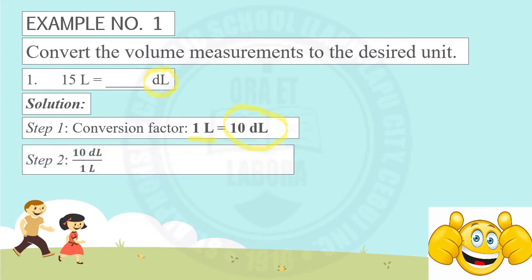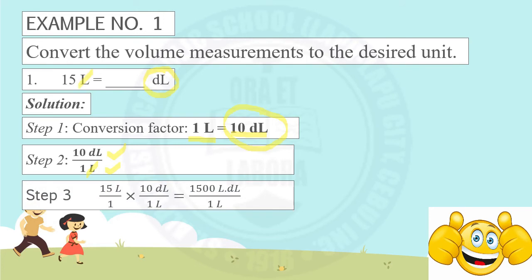So our desired unit will be put at the numerator and the given will be put at our denominator. So 10 deciliter will be put at the numerator, 1 liter will be put at the denominator, so that liter and liter will be cancelled out.